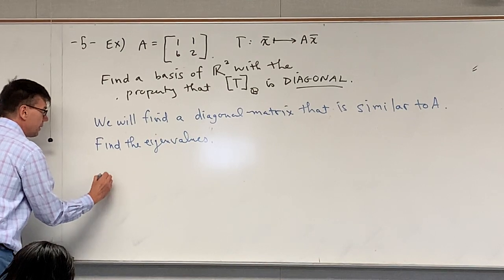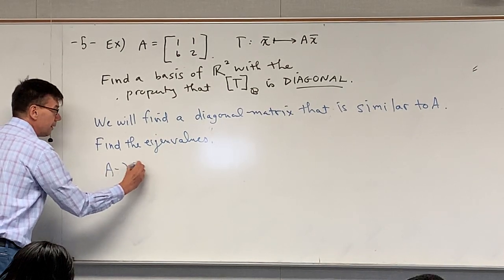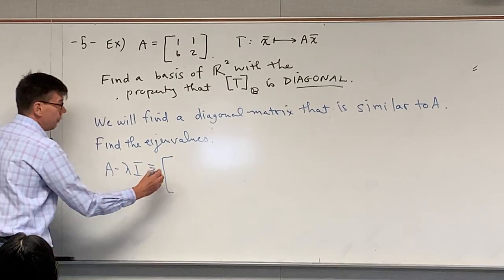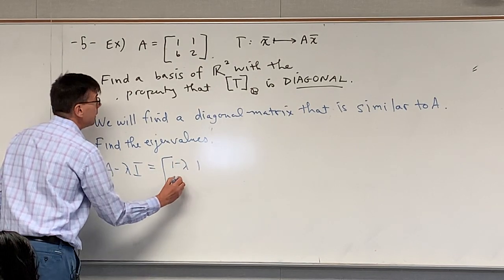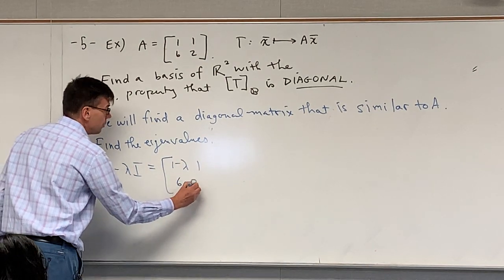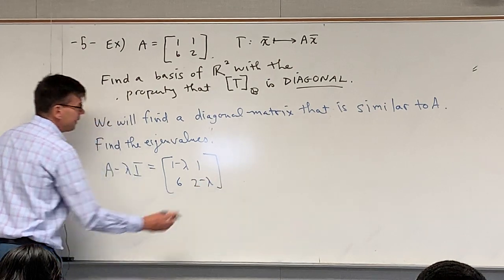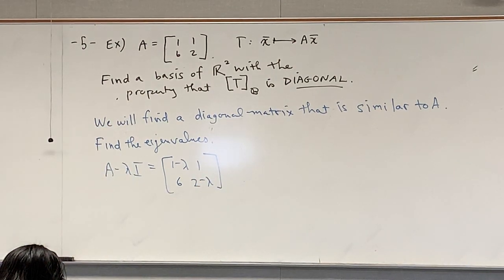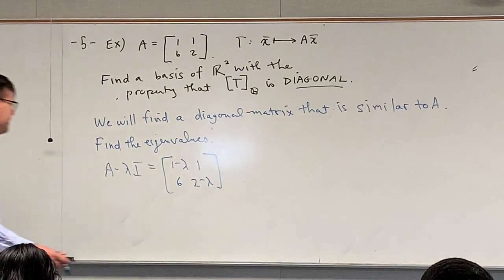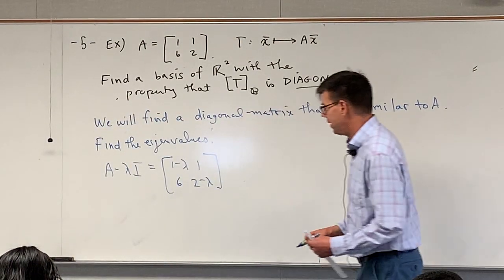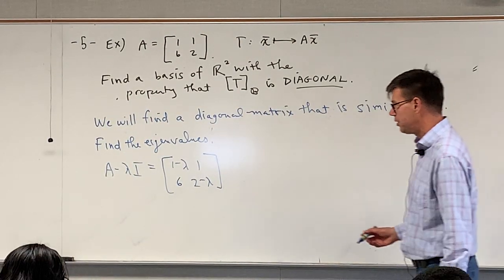So start with A minus lambda I, which is 1 minus lambda, 1, 6, 2 minus lambda. Now, this is not a hard calculation with 2 by 2. Imagine a 10 by 10 or 100 by 100 matrix where someone would be trying to diagonalize, right? Kind of an enormous computing challenge.